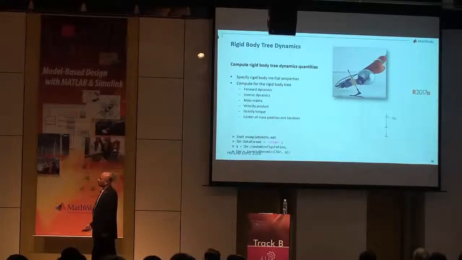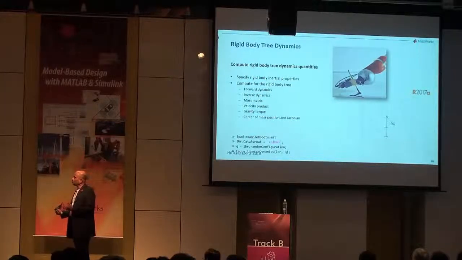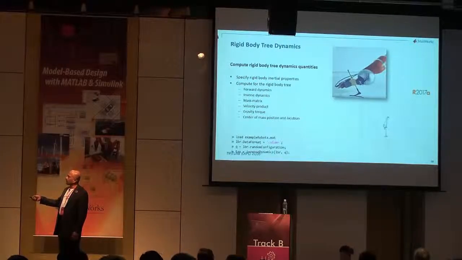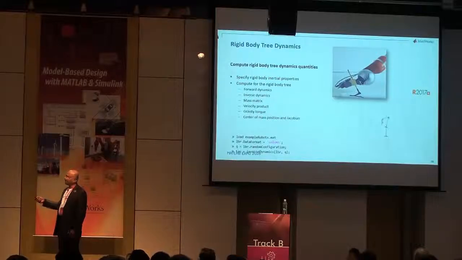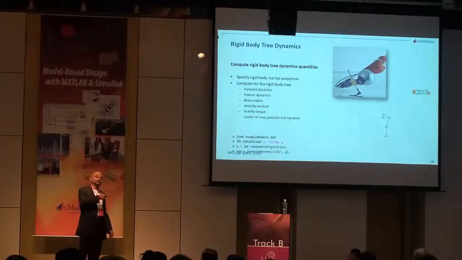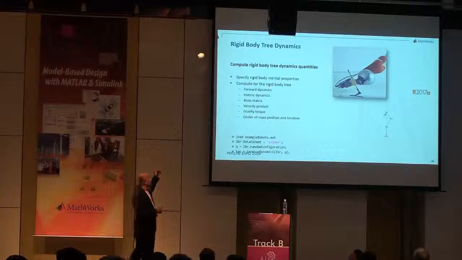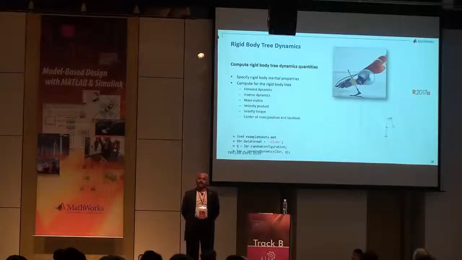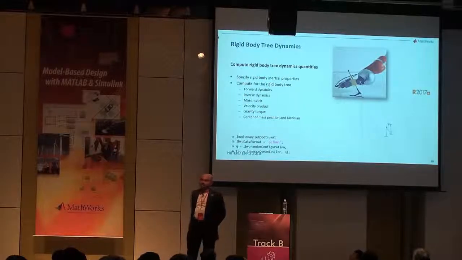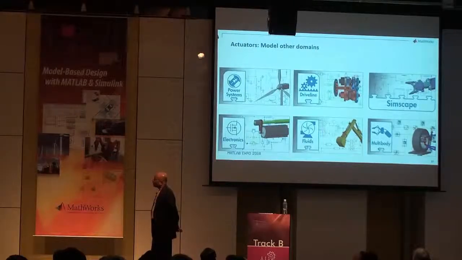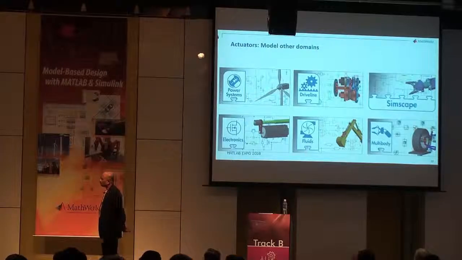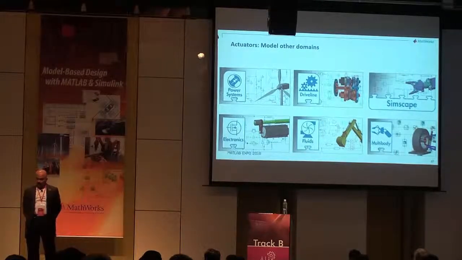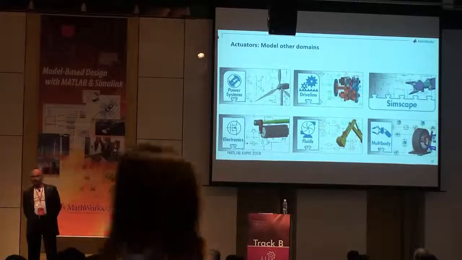Once you have the model, then you need to do things like forward dynamics, inverse dynamics, calculate how much effort, how much torque it takes to move the robot. So all of that can be simulated using Simulink and all the other add-on tools that we have. If you want to cover multiple domains, I've worked with customers who work, for example, with pneumatic robots or hydraulic robots.